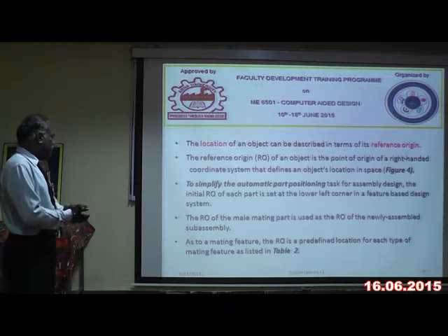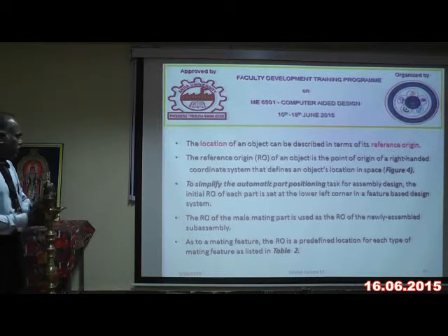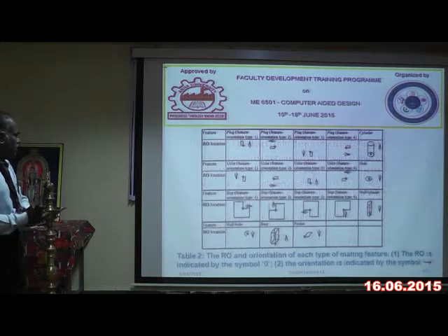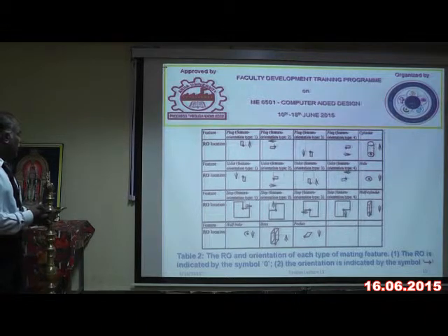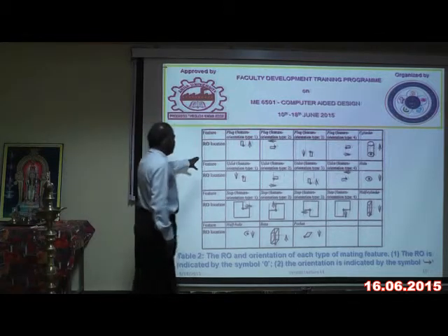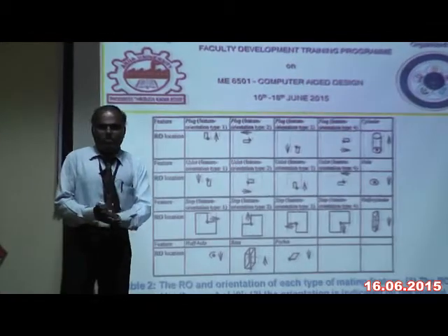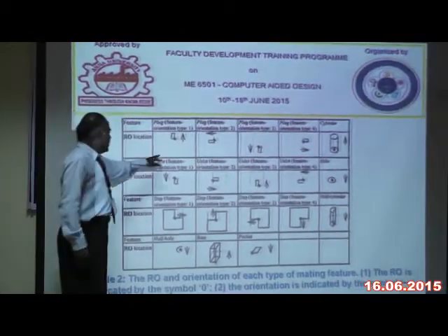As for mating features, the reference origin is a predefined location. The predefined location for each type of mating part is listed in table 2 here. Here we see the number of locations. Reference origin locations: this black means the male and female part mating and the direction.